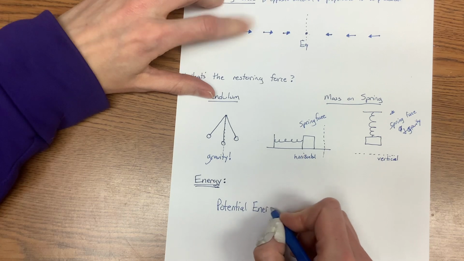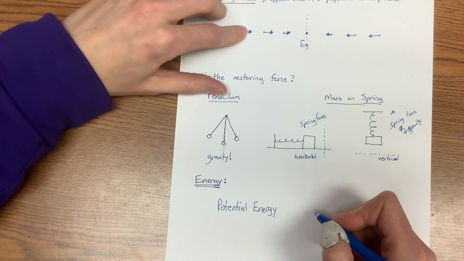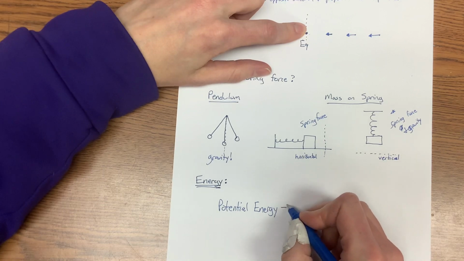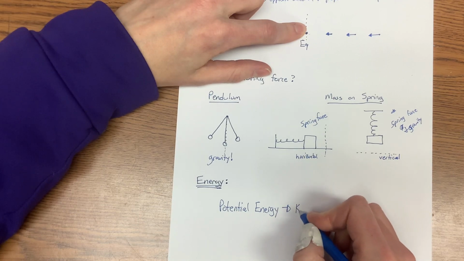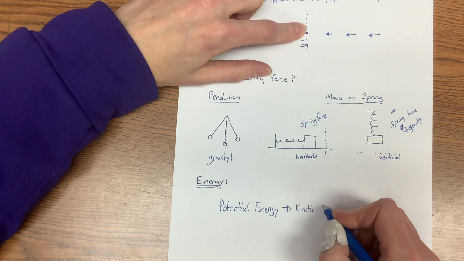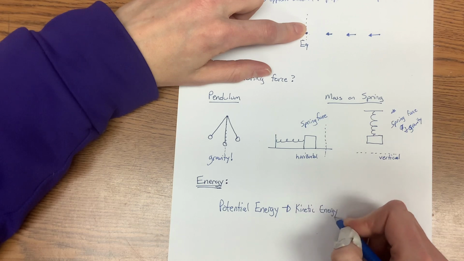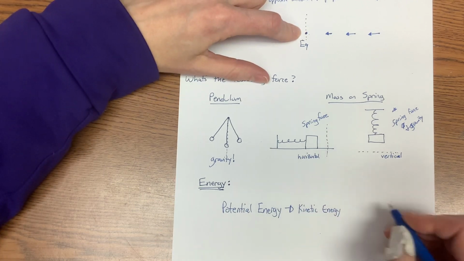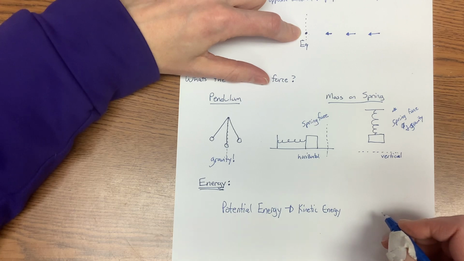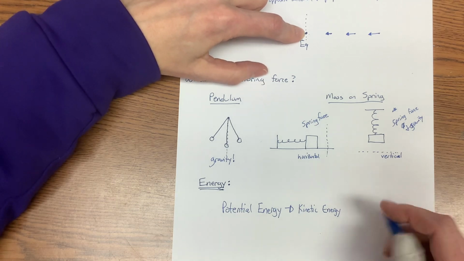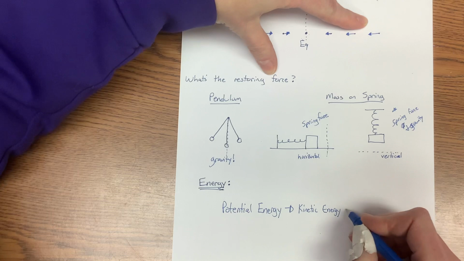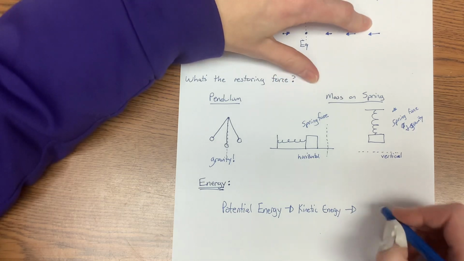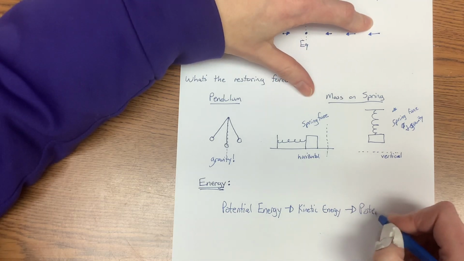And when I let go, it speeds up as it moves back toward the equilibrium, turning into kinetic energy. And once it no longer has the potential energy, it's going nice and fast, but it's going too fast and it can't stop, so it passes it up until that kinetic energy turns back into potential energy again.